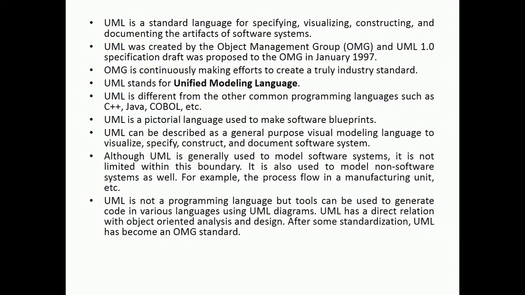UML was created by the Object Management Group and the UML 1.0 specification draft was proposed to the Object Management Group in January 1997. Object Management Group is continuously making efforts to create a truly industry standard.